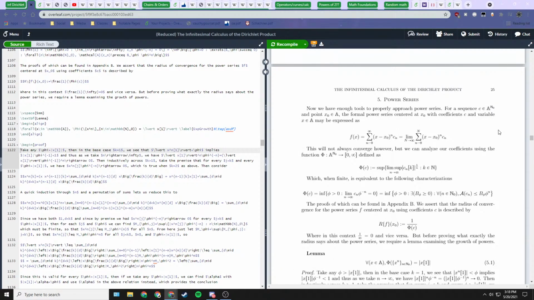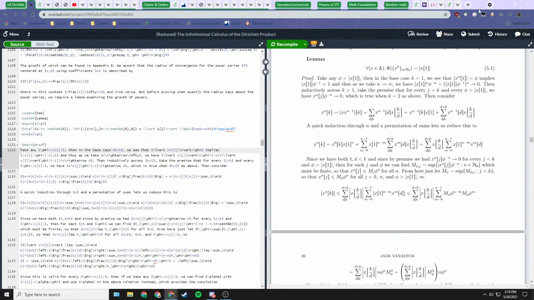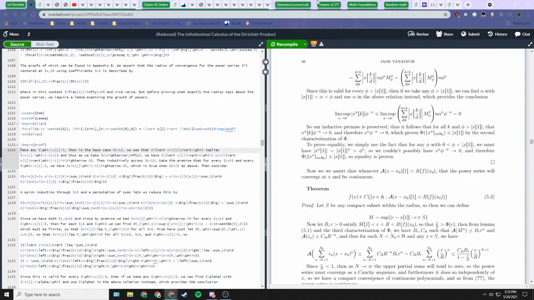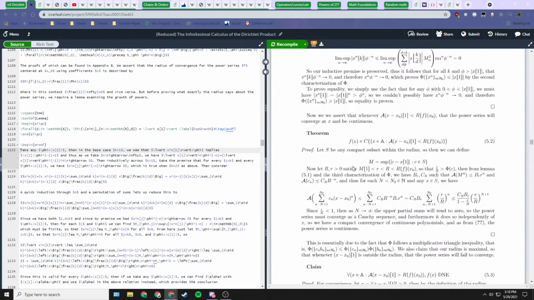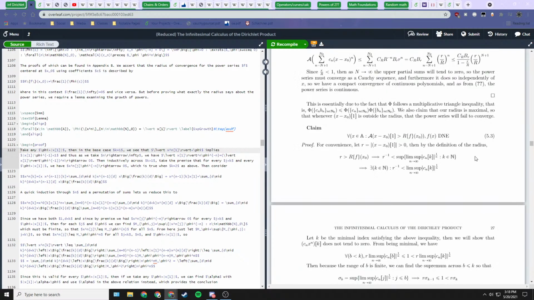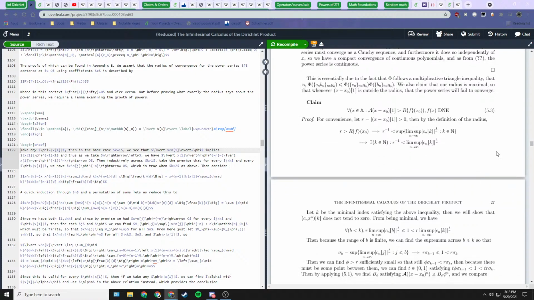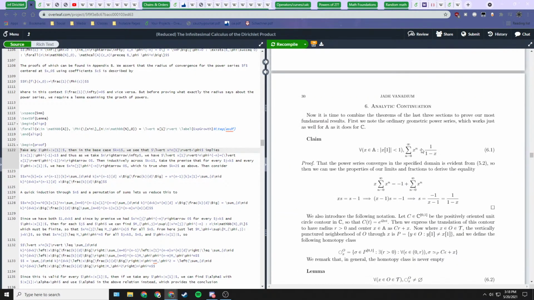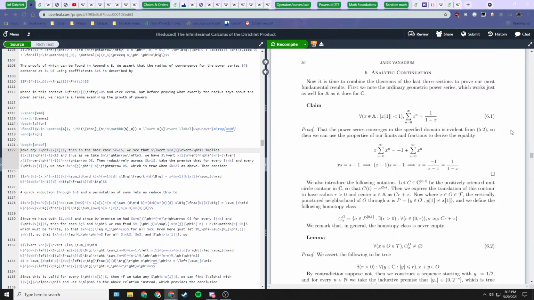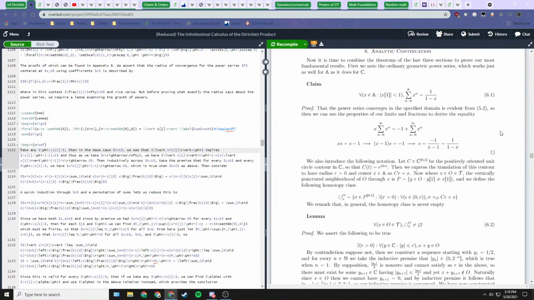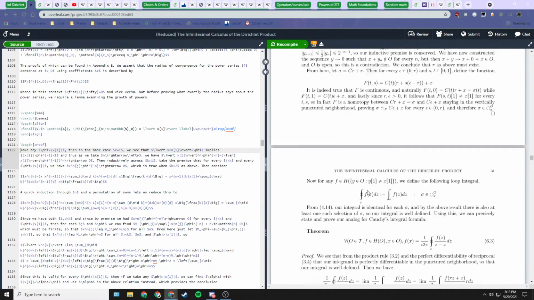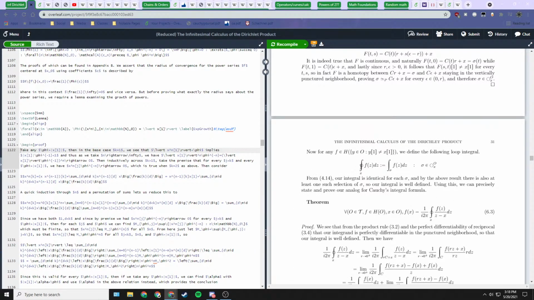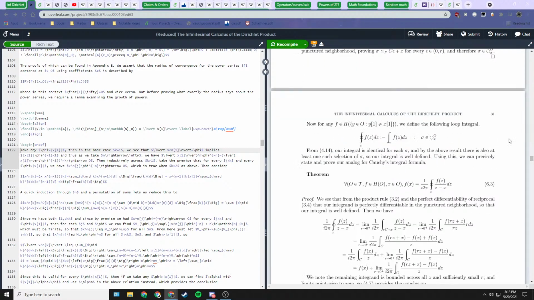The general version of that proof is that we have to prove some estimations and other things. But the proof is essentially the same, which is we just do contour integrals. It's actually just Cauchy integral theorem.